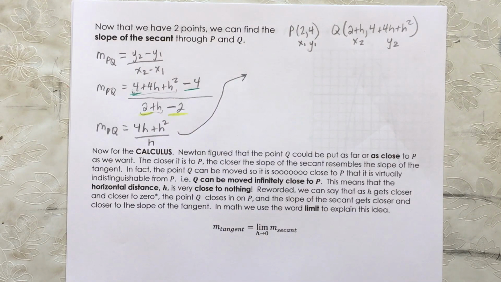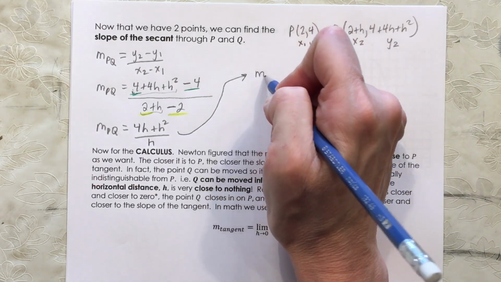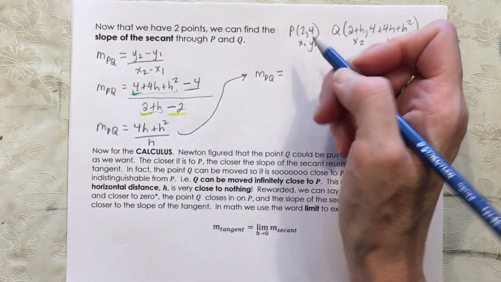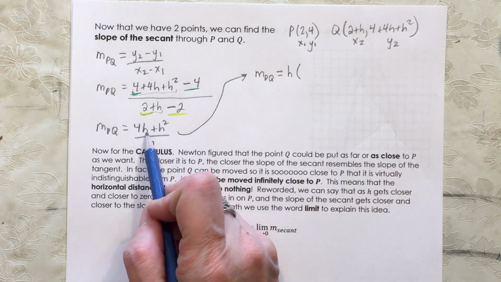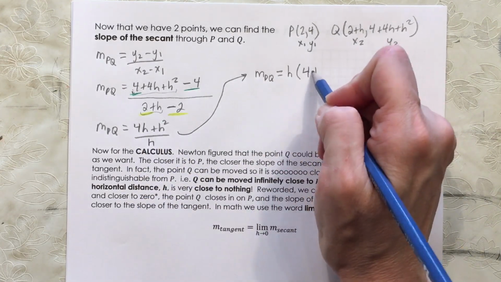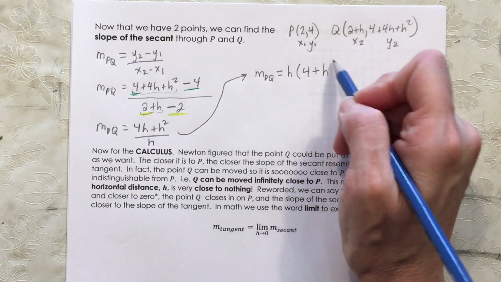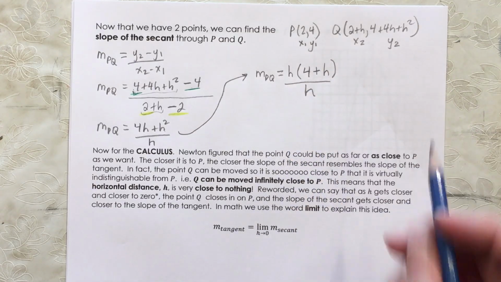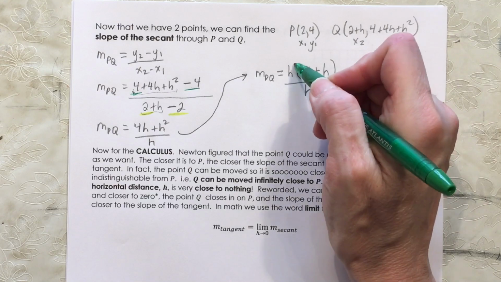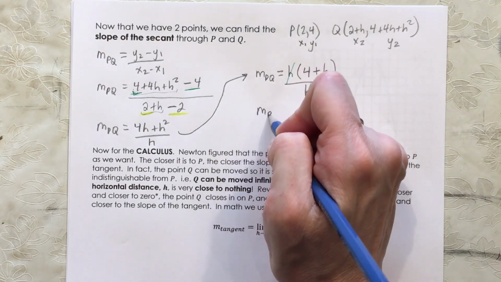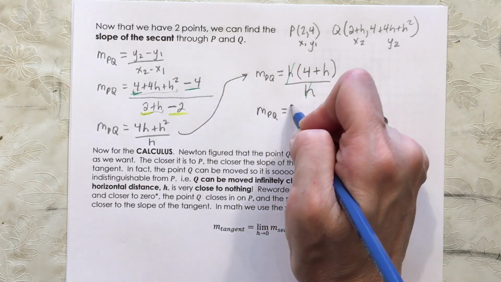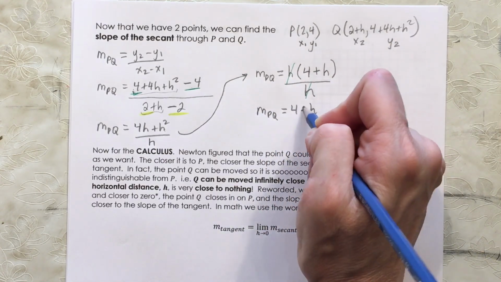And you might think that's as simple as we can make it, but it's very important that we simplify further than that. So what we can actually do here is factor out an h in the numerator. Divide 4h by h, and that gives me 4. And divide h squared by h, and that gives me h. And now these h's divide out. And we're left with the slope of the secant being just 4 plus h.